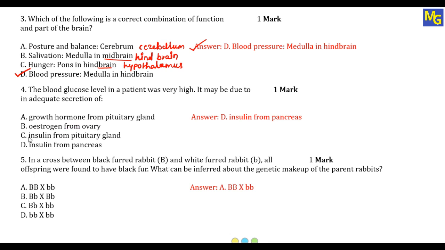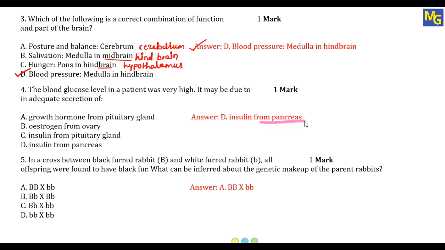Option C is wrong because insulin is not secreted by the pituitary gland, it is secreted by the pancreas. So the correct option is D. Write down the answer D, insulin from pancreas.